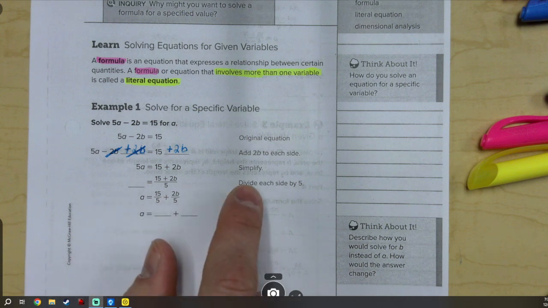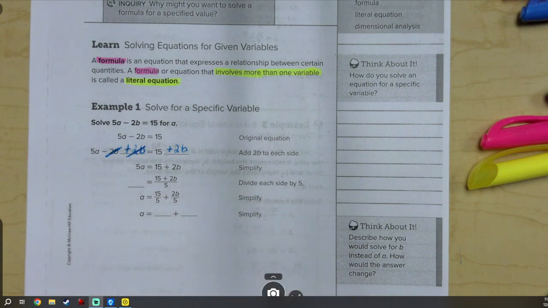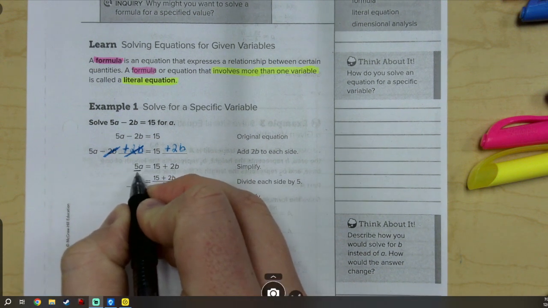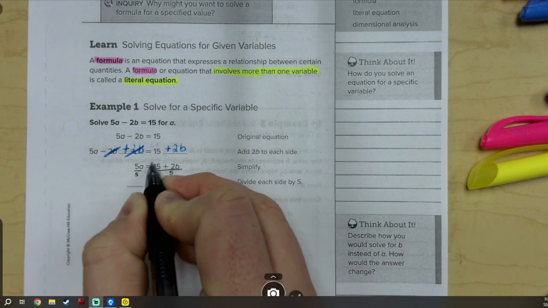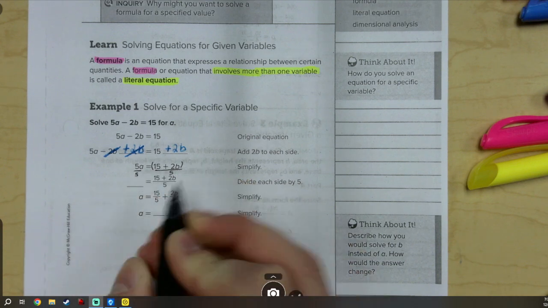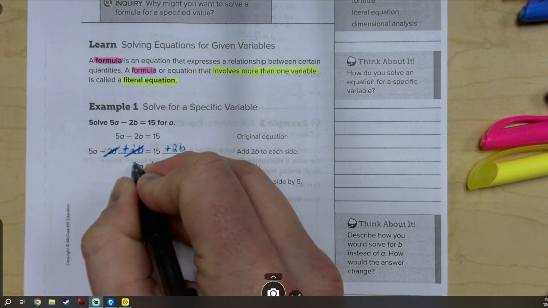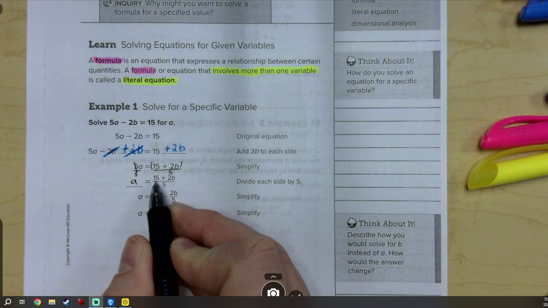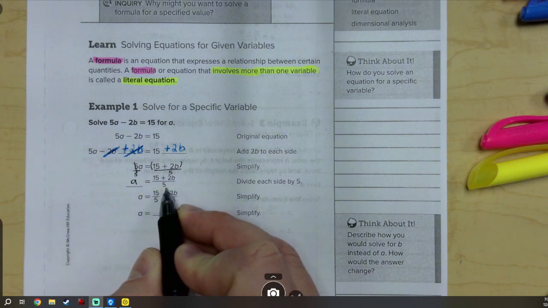So from here, we now are going to divide everything by 5. Dividing both sides by 5 here puts grouping symbols around our numerator. The 5's cancel, so we're left with a equals 15 plus 2b divided by 5.